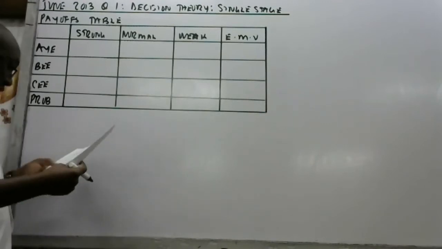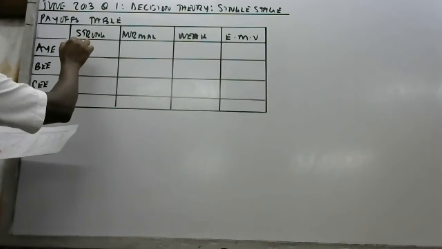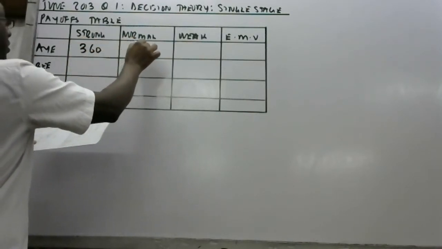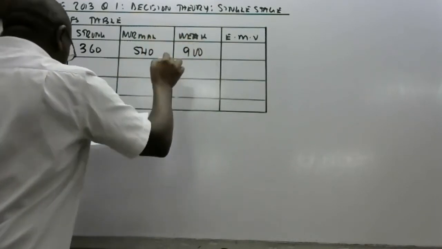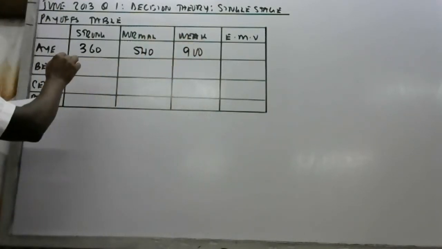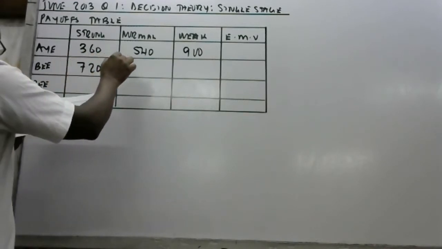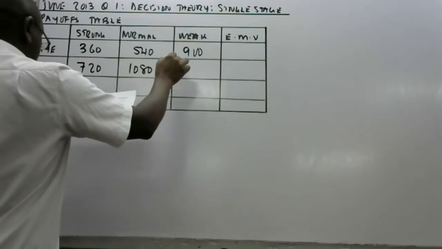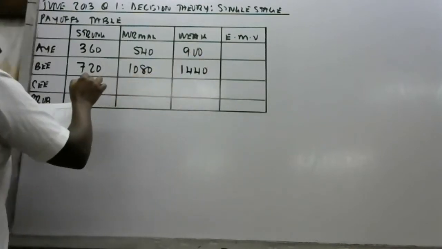So for product A, when it is strong is 360. When it is normal is 540. When it is weak, we have 900. Product B, strong is 720. Normal is 1080. And weak is 1440.